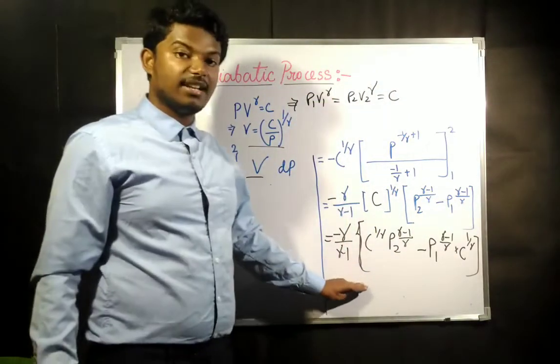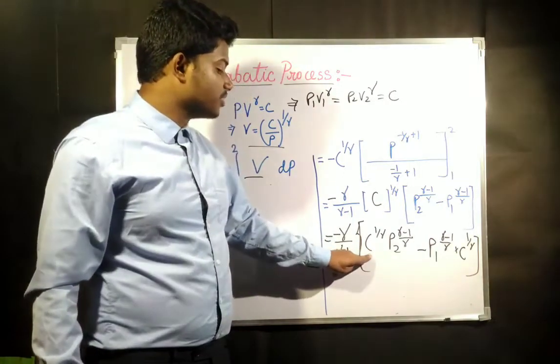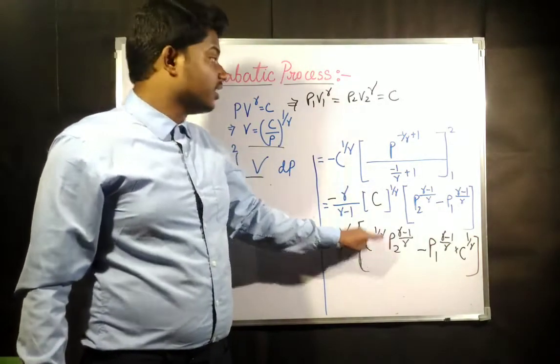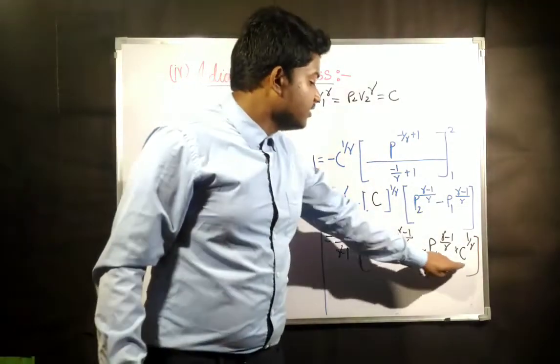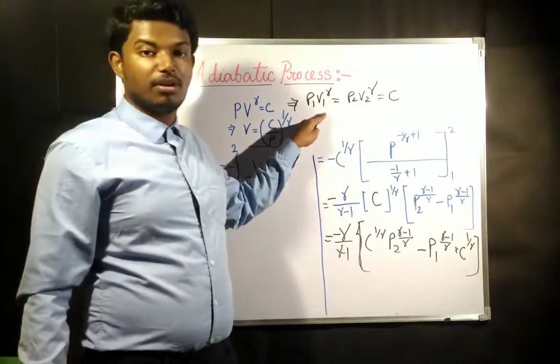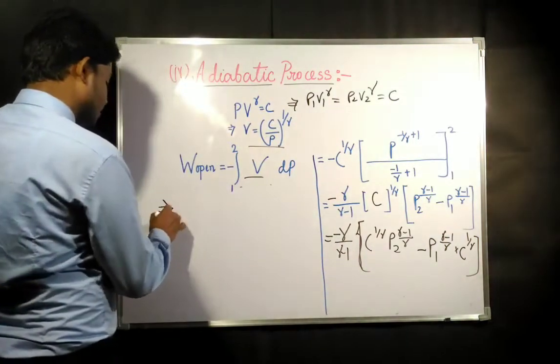We can write it like this. Now what is the value of C? Since it is with P2, we will substitute this C as P2 V2 to the power gamma, and as this C is with P1, we will substitute this C as P1 V1 to the power gamma, for our simplicity.